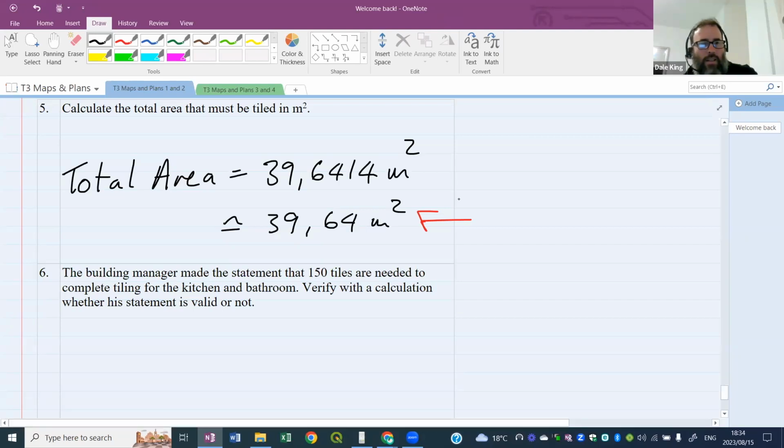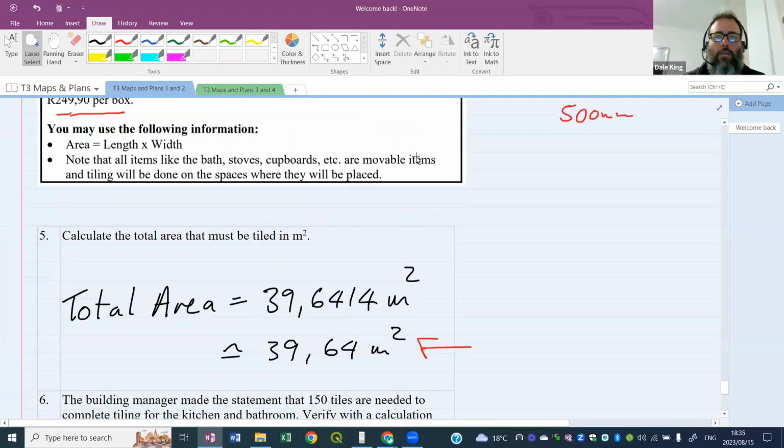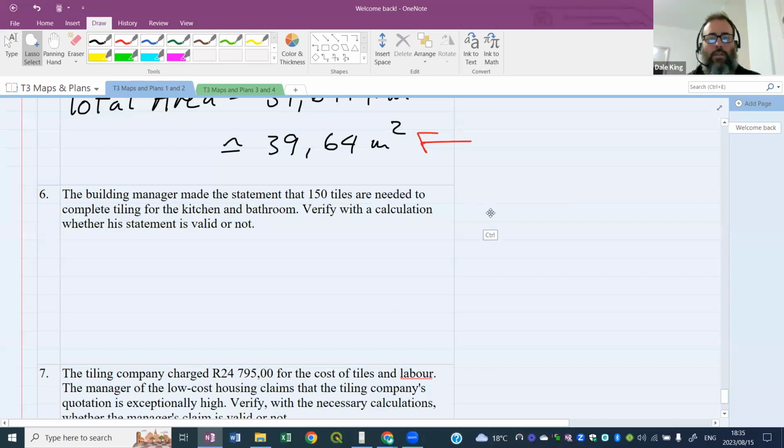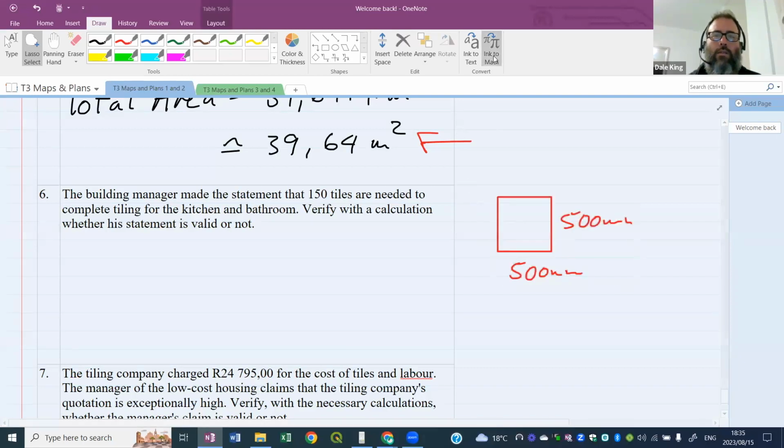All right. Let's read it again. The manager says that 150 tiles are needed. Where's my little diagram? Maybe that's confusing you. I'll bring my little diagram down because this is where it's actually going to come into play now. There it is. There's a tile. So we're tiling a kitchen and a bathroom.